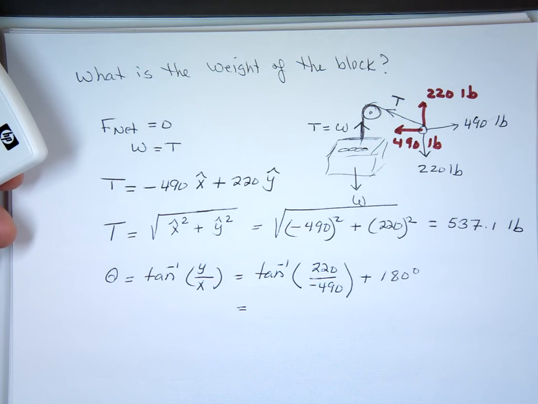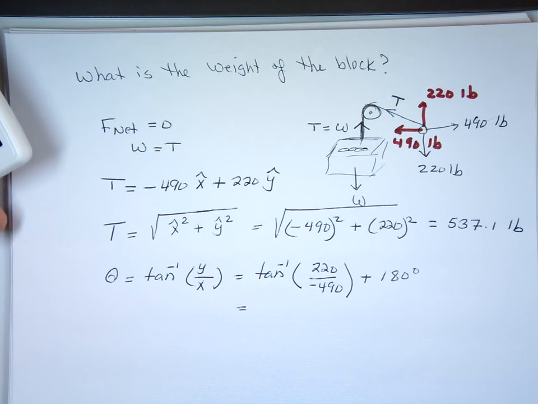So I'll just divide them without it, since I know which quadrant it's going to be. What value did we get? 153.4.